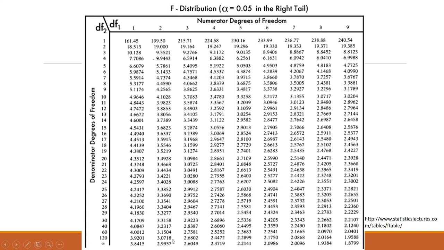If our F statistic is larger than the one that we find, then we would conclude that we are significant at the 5% level. This is an F distribution table for a significance level of 0.05 or 5%. We would have to look up a different table to see if we were significant at the 1% level, but we could just use this one.